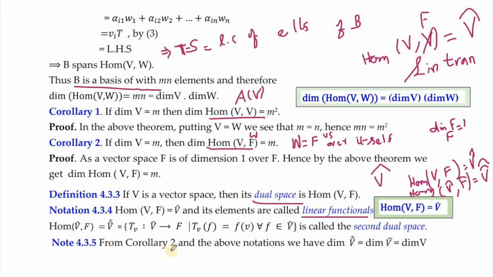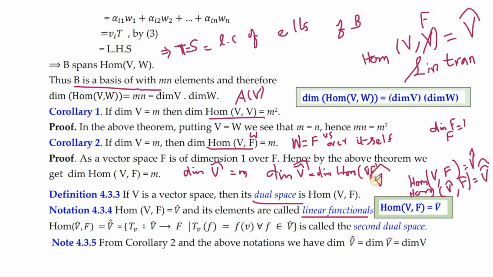From corollary 2, we had the dimension of Hom(V, F) is m, which is nothing but V cap. So the dimension of V cap is m. If I want to find the dimension of V double cap, what is V double cap? It is nothing but Hom(V cap, F).